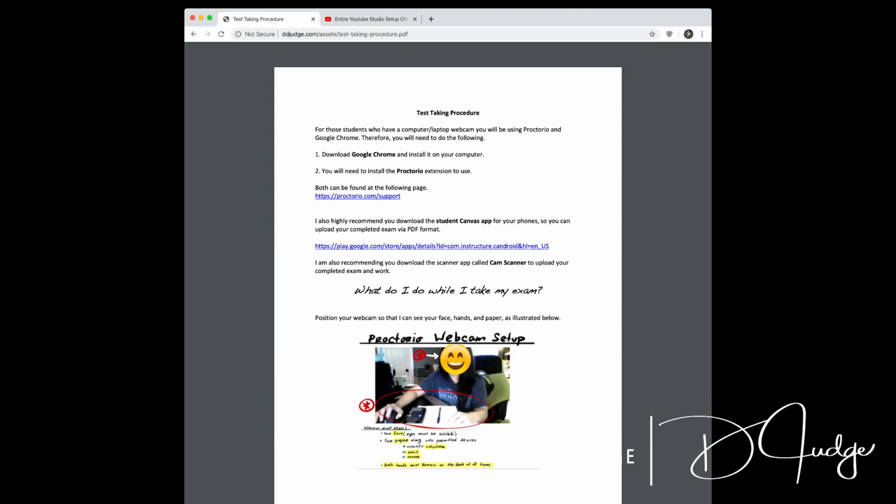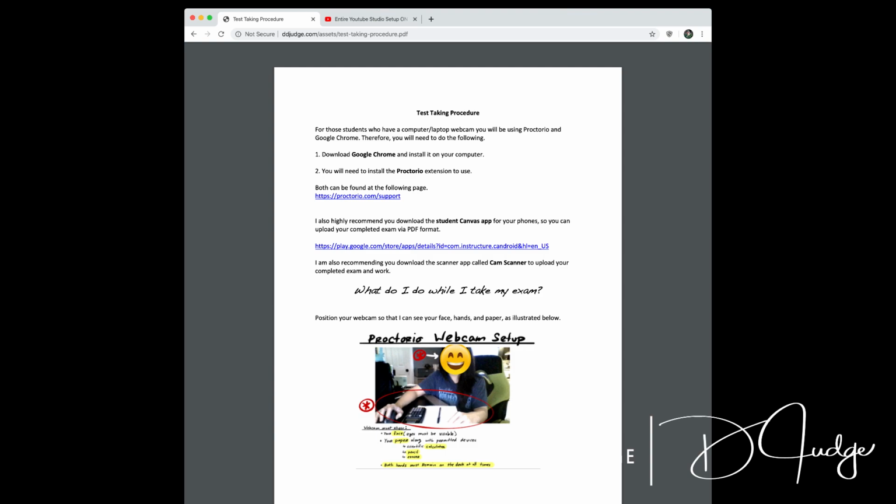So remember how we discussed this in the past: hopefully, first of all, you have a computer, a laptop with internet access and a camera. Hopefully that's the case, right? May not be the case though, but that's fine. Don't worry. But those that do, you want to make sure you download Chrome and you install Proctorio, the extension, and both can be found here.